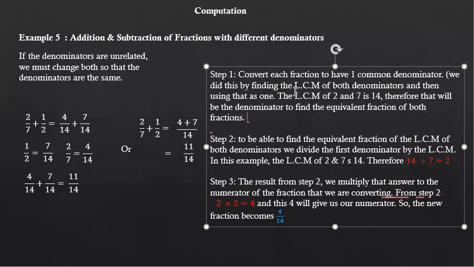Right? So let me go through this one more time before I go a step further. What we're first going to do is we're going to convert each fraction to have one common denominator. In this case, it is going to be 14. And how we do this is by finding the LCM of both denominators and then using that as one denominator.